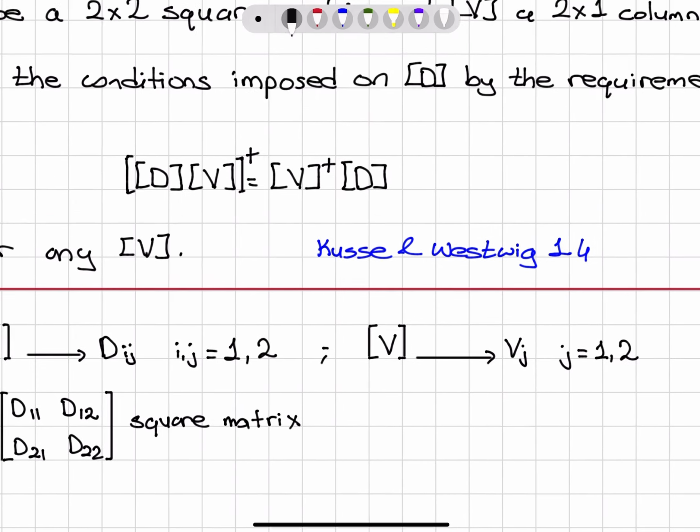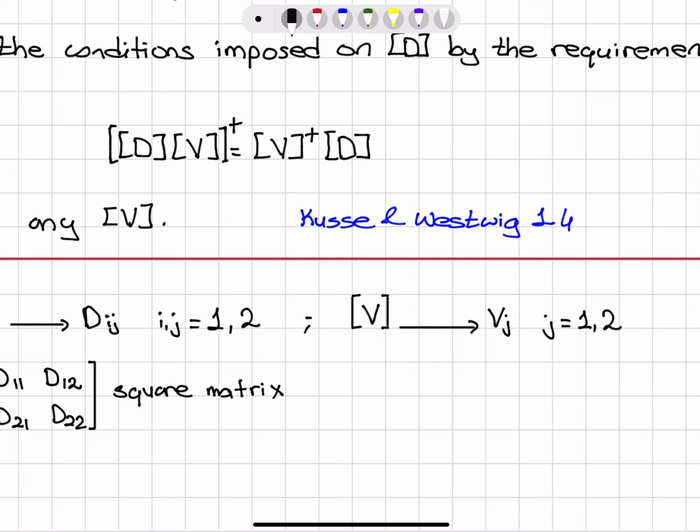Remember, it's 2 rows, 1 column. So we're going to have V1 in the first row, first column, and then V2 in the second row, first column. This is a column matrix.